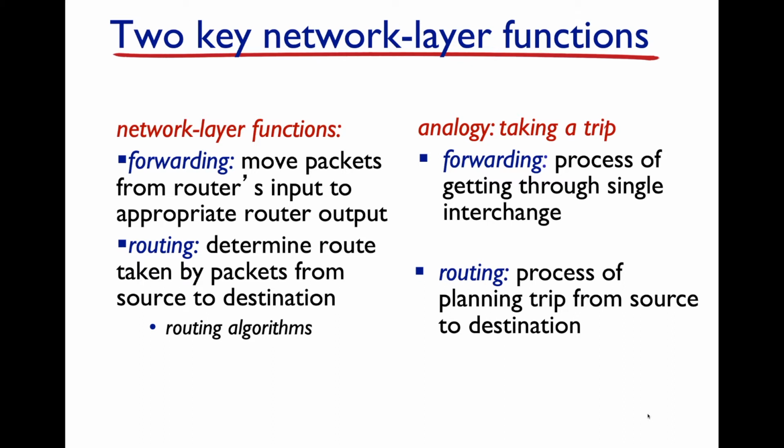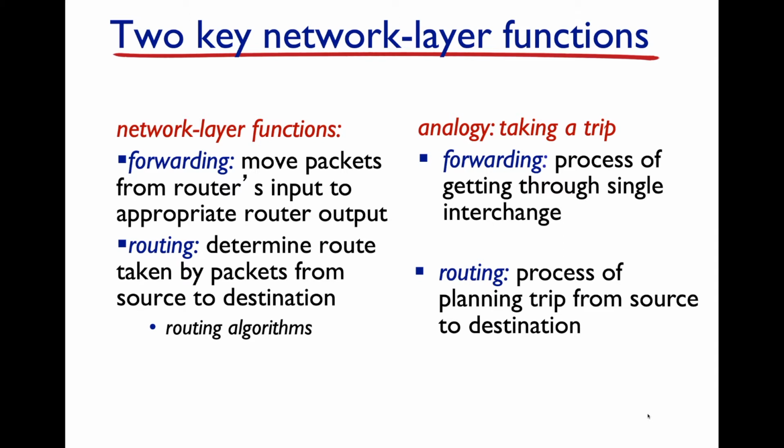The analogy used in the book, and they like to make a lot of analogies in the book: the forwarding function of a router is the process of getting your car, if you're taking a road trip, through a single roadway interchange. So you go through one cross section along a segment of road. And the routing process is the process of planning an entire trip from source to destination.